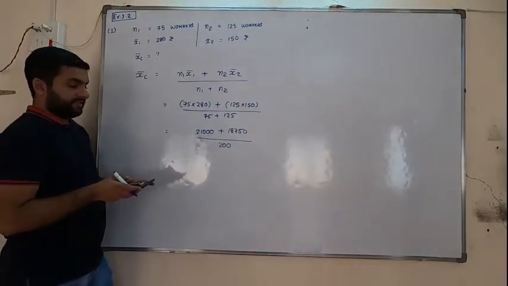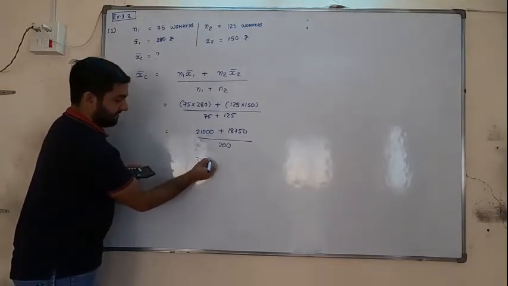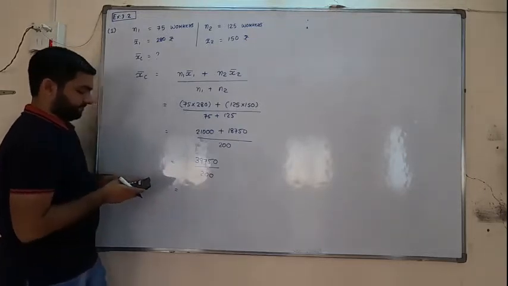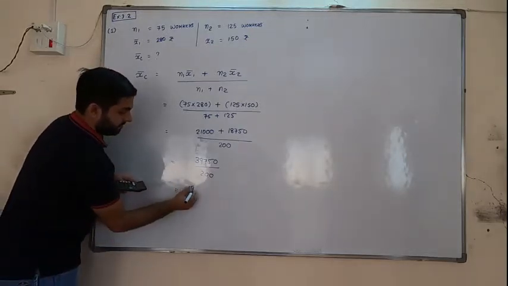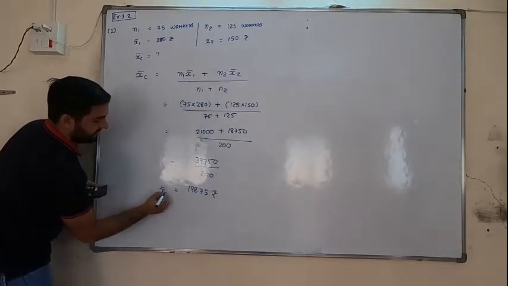So 21,000 plus 18,750 is 39,750, divided by 200, 198.75 is x bar.